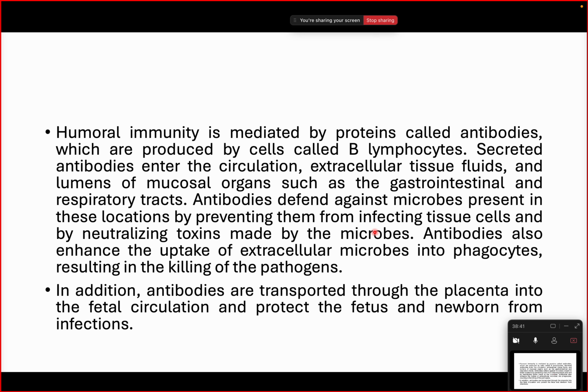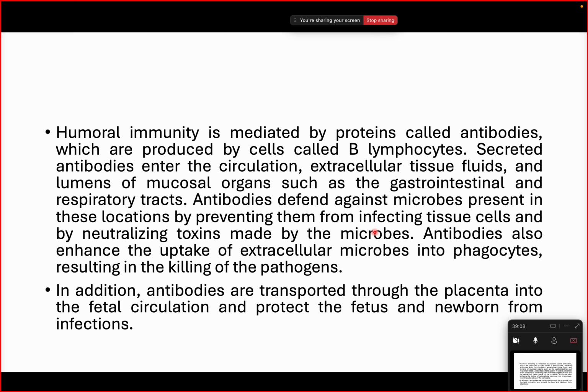Secreted antibodies enter the circulation, extracellular tissue fluid, and lumens of mucosal organs, such as the gastrointestinal and respiratory tracts. Antibodies defend against microbes present in these locations by preventing them from infecting tissues and cells, and by neutralizing toxins made by the microbe.